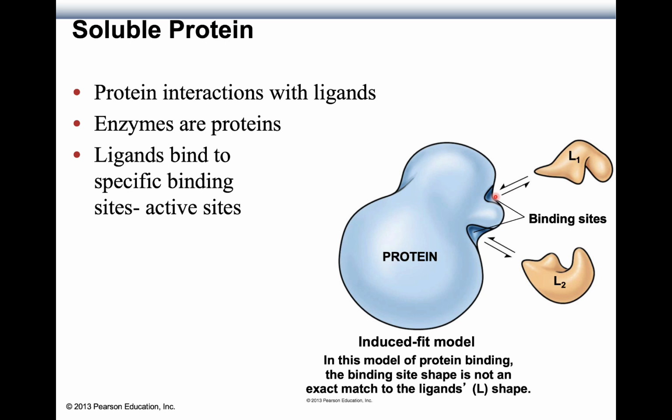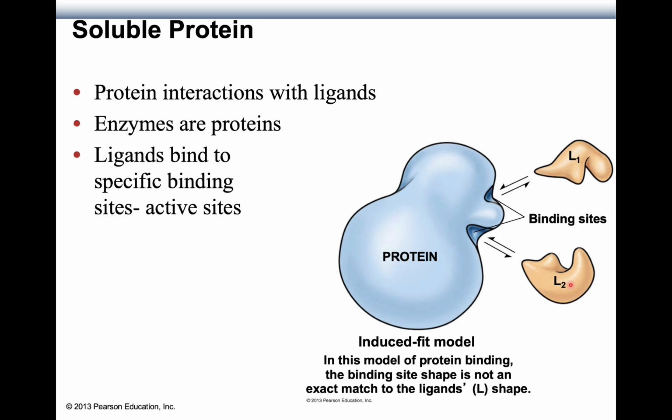Now, if you recall from biology, enzymes are very specified types of proteins. So enzymes, their main job is to help reactions move faster by binding the reactants closer together.